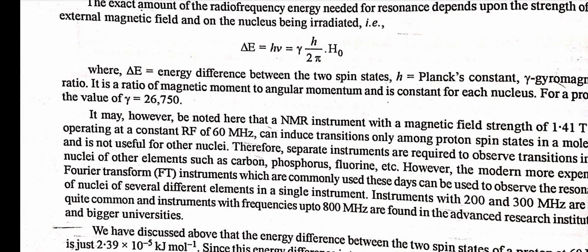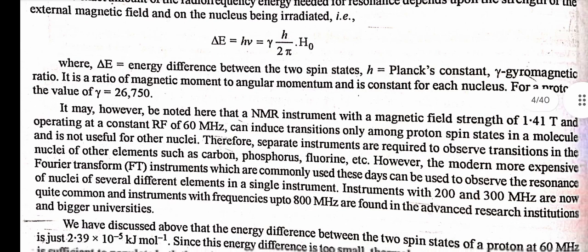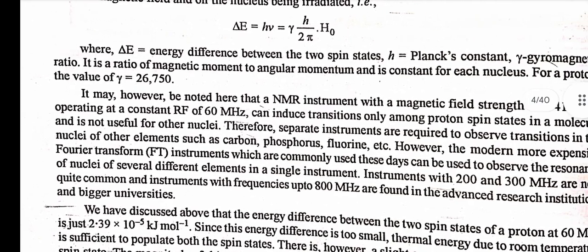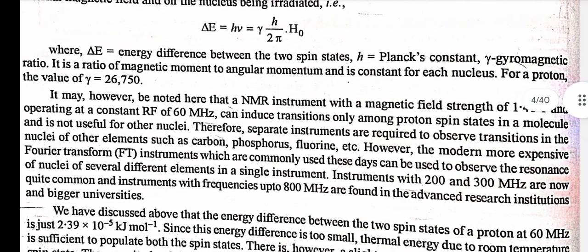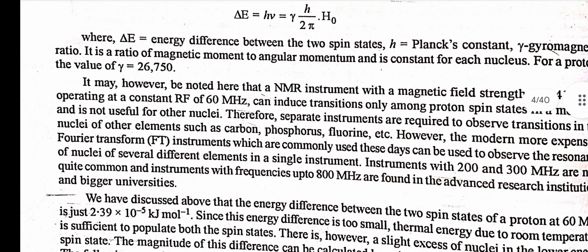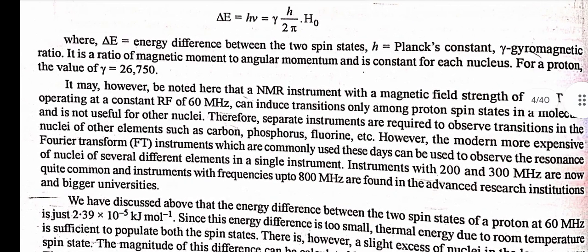It may, however, be noted here that an NMR instrument with a magnetic field strength of 1.41 T and operating at a constant RF of 60 MHz can induce transitions only among proton spin states in a molecule and is not useful for other nuclei.